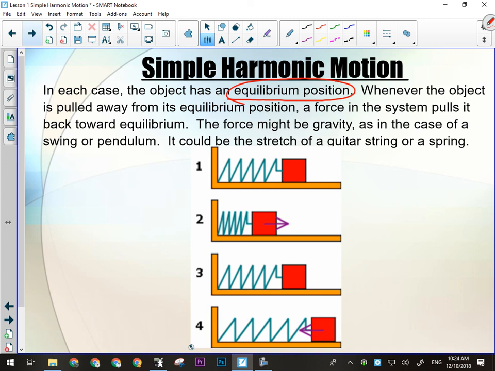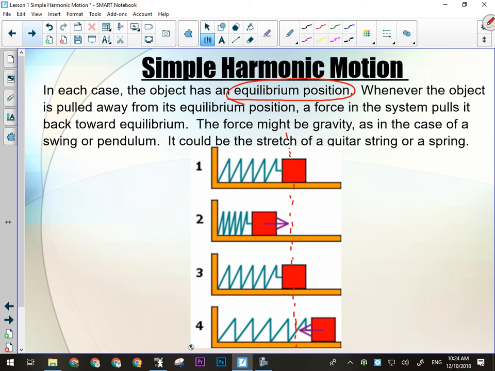All right. Now, when the object is at its equilibrium position, which is again this one here marked by the red dotted line, what's the net force acting on it right there? It's at equilibrium there. What would the net force be? Zero. Yeah, the spring in this case is neither stretched nor compressed, so it doesn't exert any force.